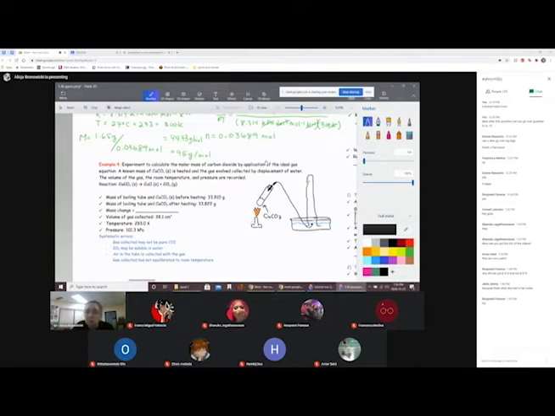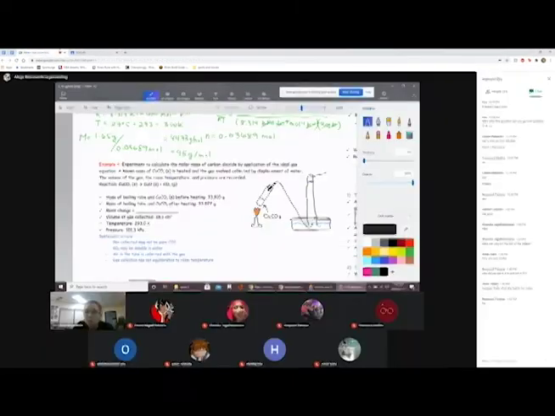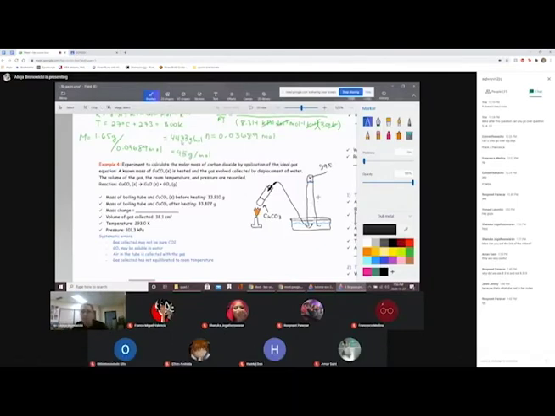Okay, and then your gas would displace the liquid. So here you would have gas. You measure how much gas is given off by this reaction. Your gas is being given off, it's being collected here.